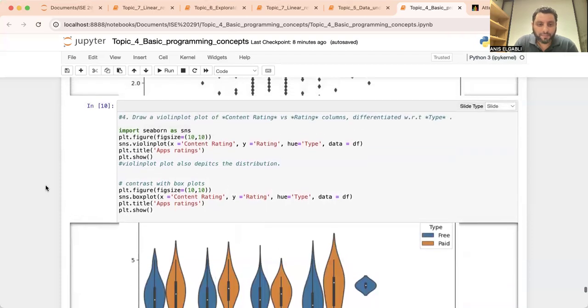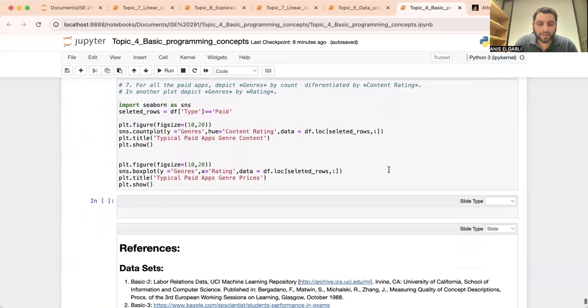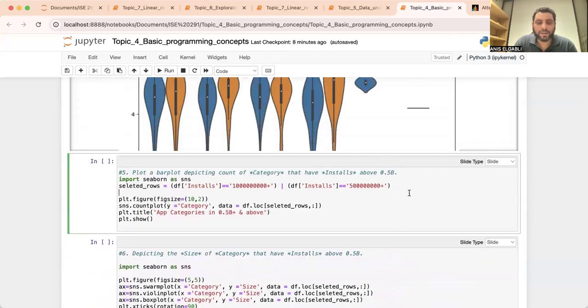Yeah. So let's go to the next one here. How many are left? Okay, three. So this one here. We are plotting a bar plot, or count plot, for category that have installs above 0.5 billion.